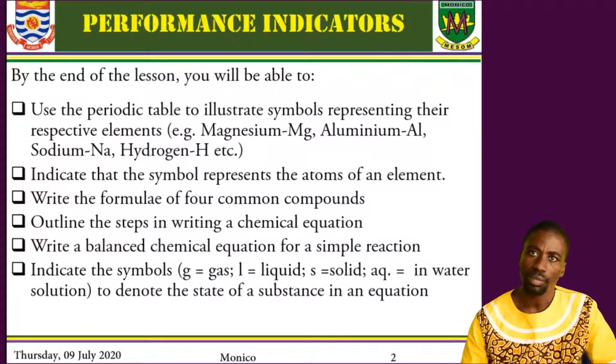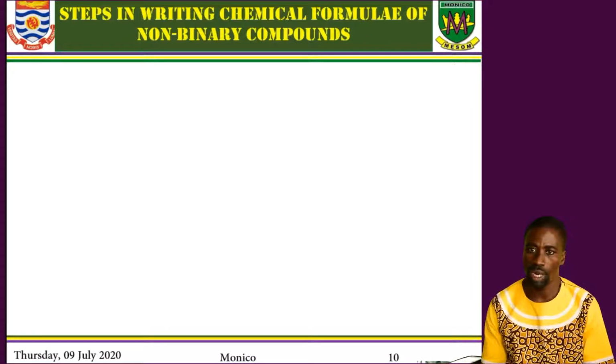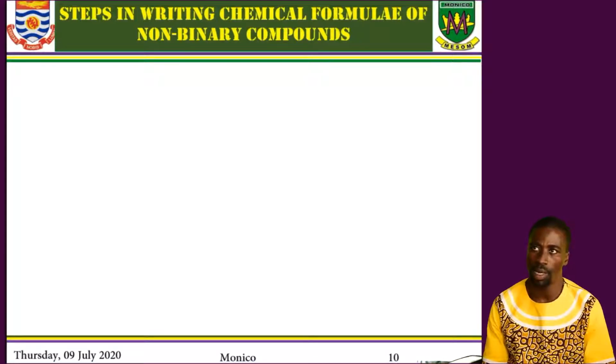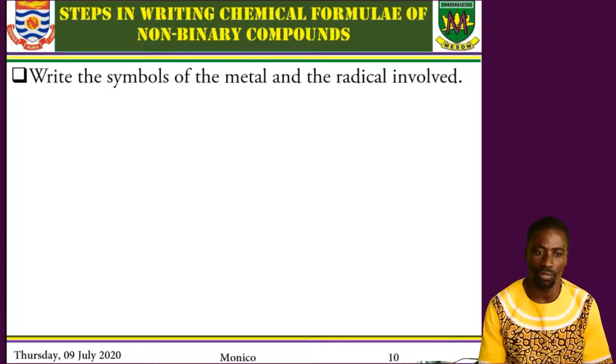Alright, so we are looking at non-binary compounds. We have looked at compounds that contain 2 atoms only. This time we are looking at compounds which contain more than 2 atoms, and how we can write their chemical formulas. We write the symbols of the elements, the metal and the radical involved.